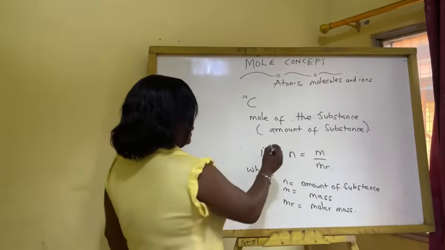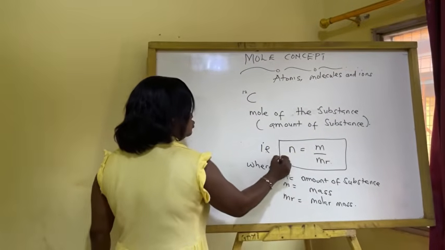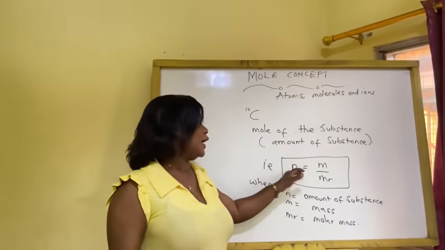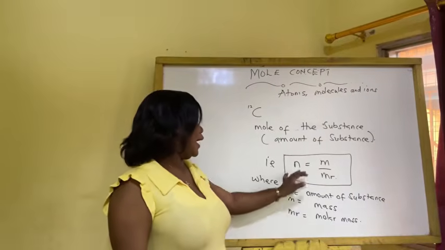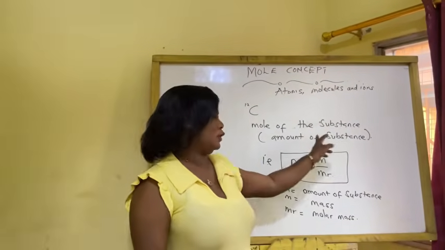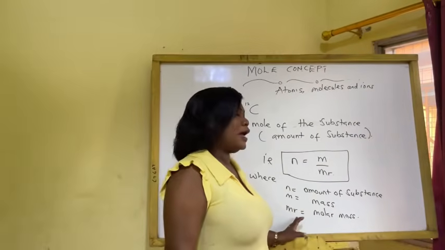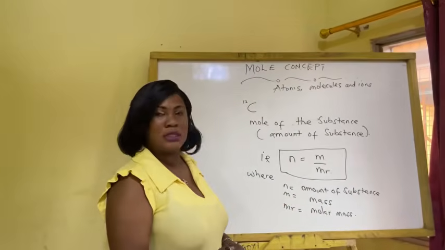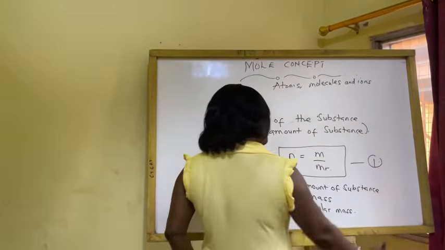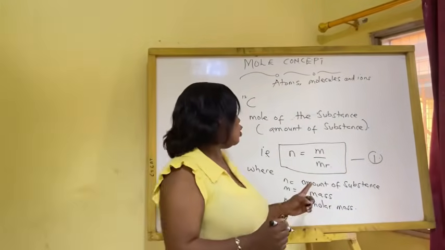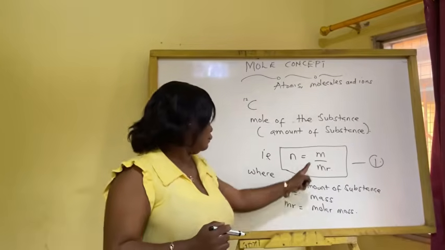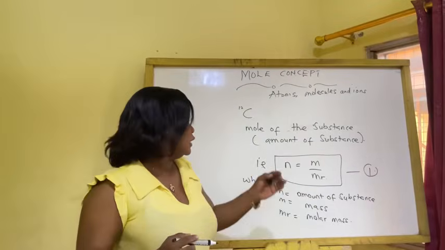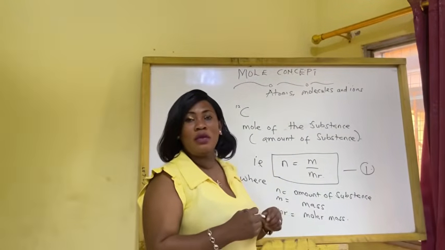So when we want to look at the amount of substance or the mole, it is expressed mathematically as N equals M over MR, where N is the amount of substance, which is the mole, M is the mass, and MR stands for the molar mass. So this is our first expression. This is how the mole is expressed mathematically.